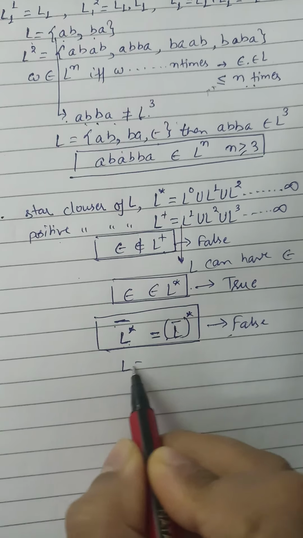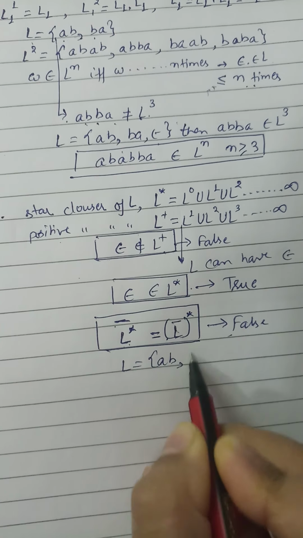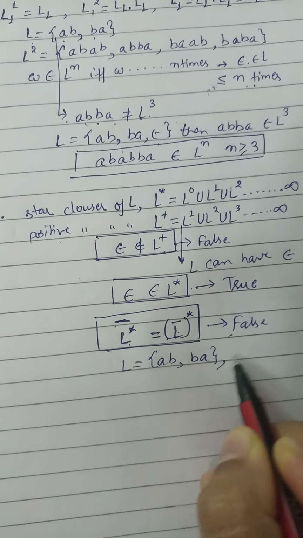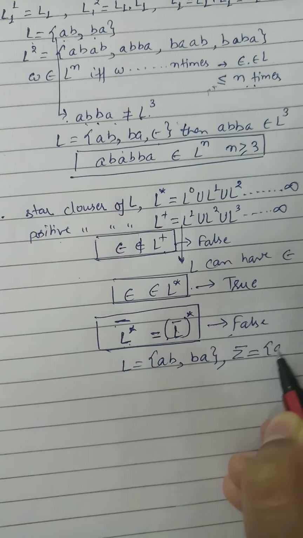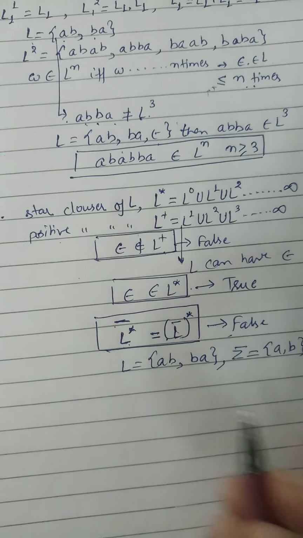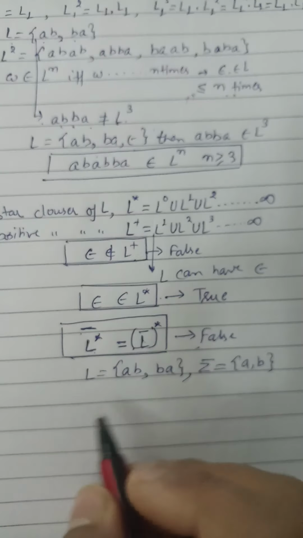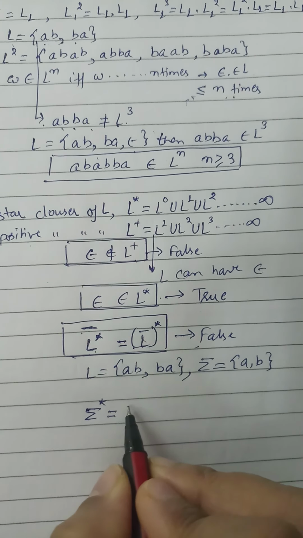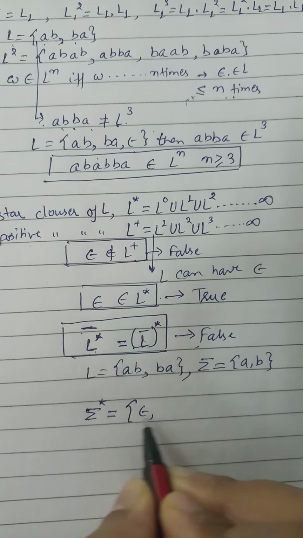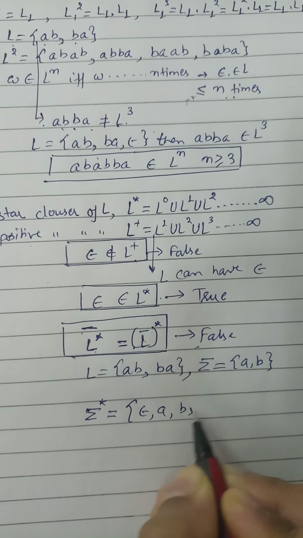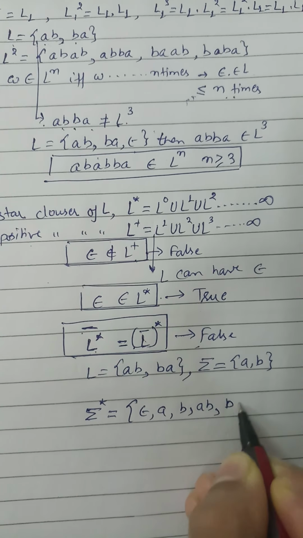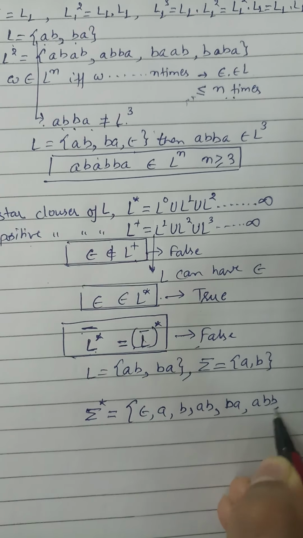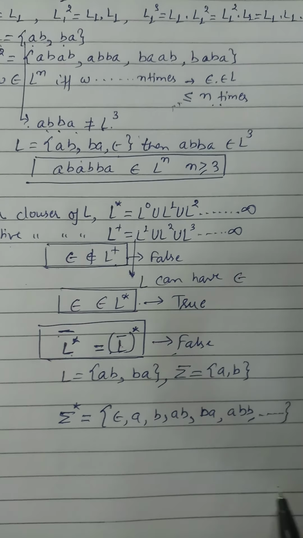Suppose we have L equals AB, BA, and the alphabet is AB. Then alphabet star will be epsilon, A, B, AB, BA, BB, and so on.